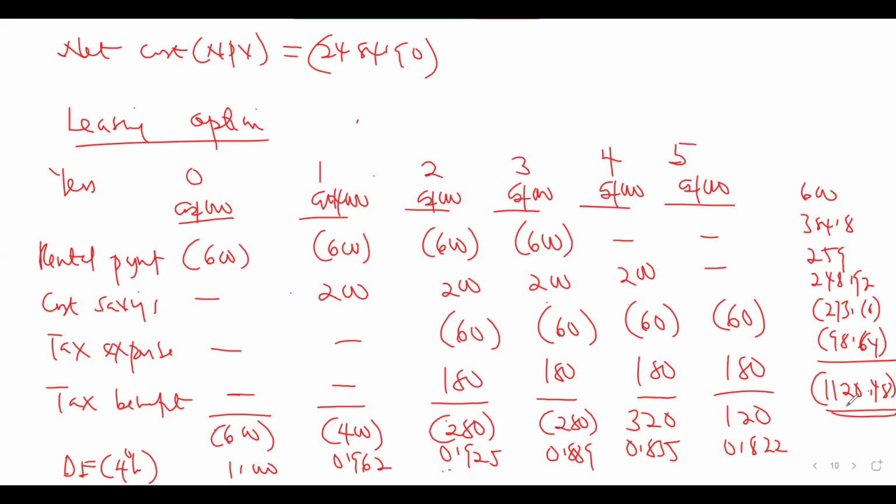So anyhow you do it, you'll be getting your 1120.48. Okay, so it's just a matter of addition and subtraction. Right. All right, I'll cross check my figures. Okay, thank you. So tomorrow.